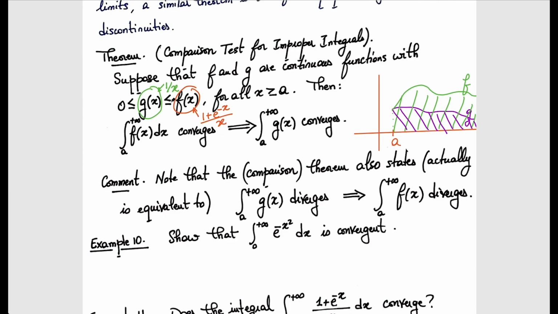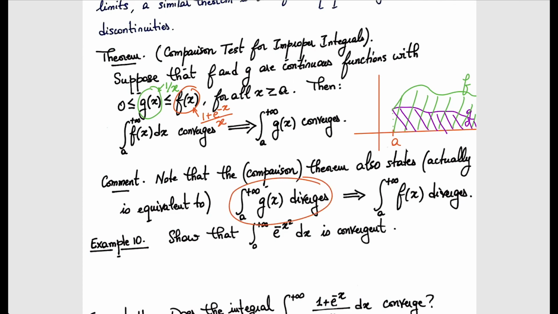As a matter of fact, it's strictly smaller, but if it's strictly smaller, certainly it's smaller than or equal to this guy. And this 1 over x is positive, and hence non-negative, right? So this double inequality holds for my choices of g and f. And also, what did we get about this integral?